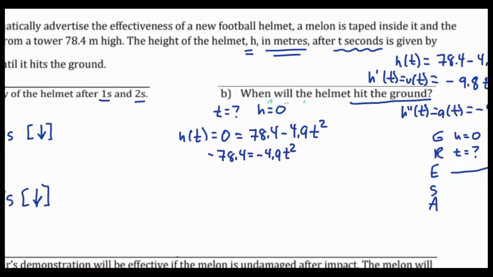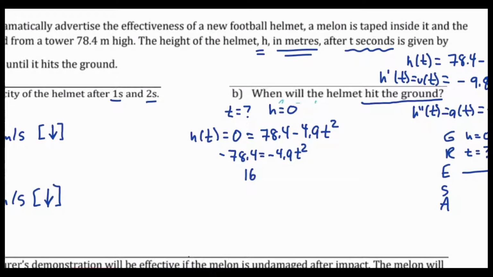Let's divide each side of our equation by negative 4.9. And we're going to find that 16 equals t squared. That's nice and tidy. Maybe that's why we chose this height for our tower. And what is the square root of 16? Well, t is going to be equal to plus or minus root 16, or in other words, plus or minus 4.